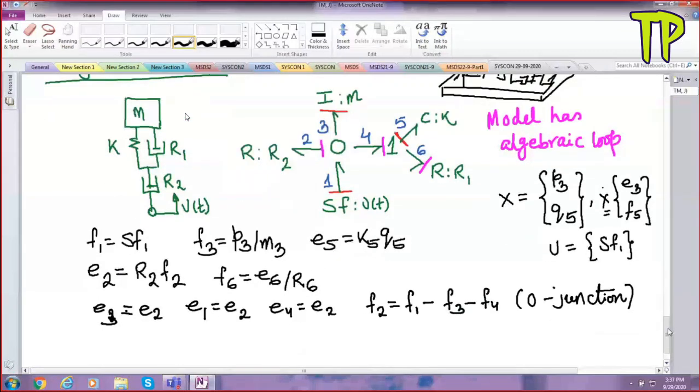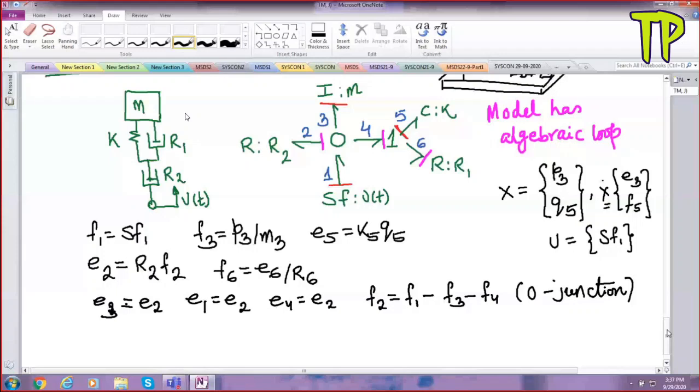Sir, with respect to causality, shouldn't it be E2 equal to E3? No, no. The strong bond is, this junction is getting E2 here. This is giving E2. See causality?